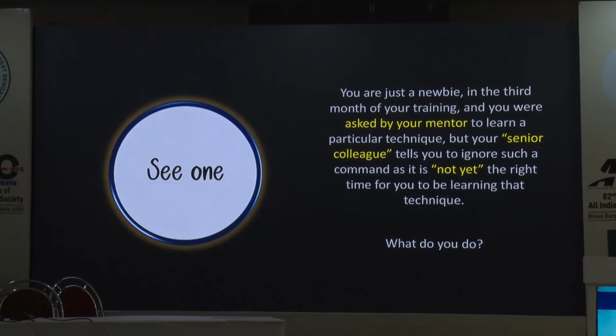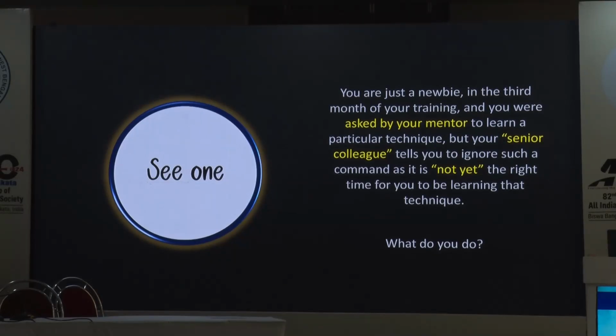No, I think there is a problem with the senior colleague who is saying that, which means there is a poor relationship between the mentor and the senior colleague itself. As a mentor, what I would like is that if truly I have mentored my fellow well, that fellow should imbibe the same ethos and culture that I have in my work.